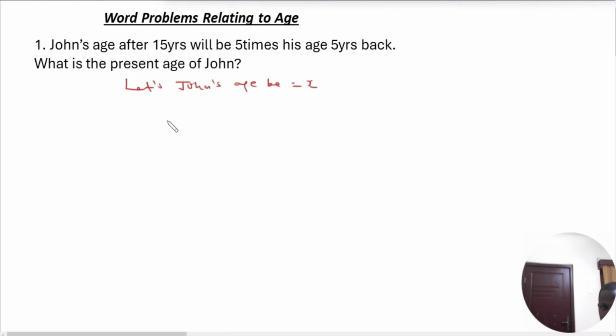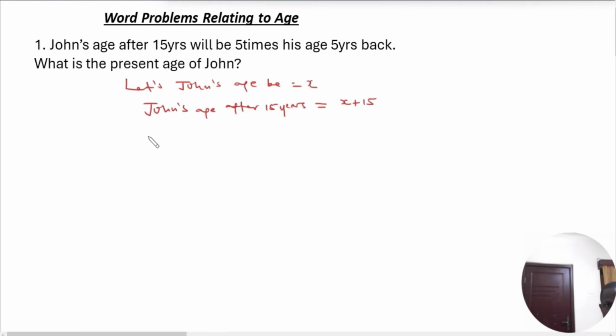His present age, we don't know. We say it's equal to x. Now John's age after 15 years is equal to his current age x plus 15.